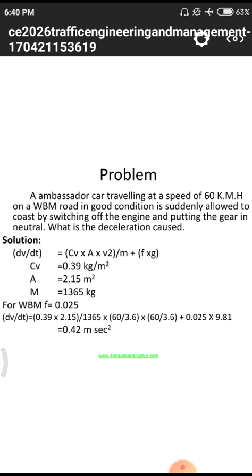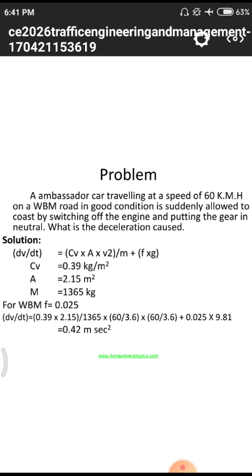Here dv by dt equals normally Cv into A into v square, plus f into g. Cv equals 0.39, A equals 2.15, v equals 60 by 3.6, and we take 60 by 3.6 twice, because we have the v square term, with m equal to 1365. Friction f is normally 0.025, and gravity is 9.81.